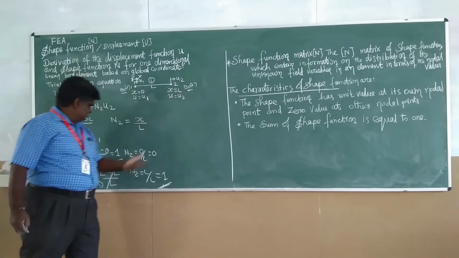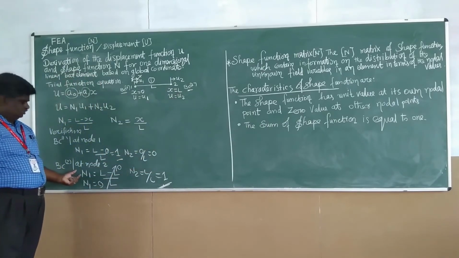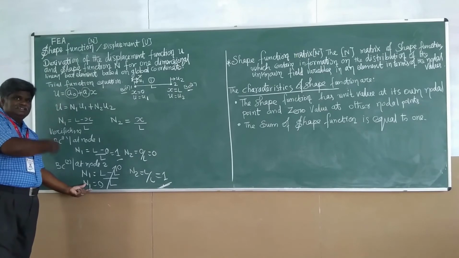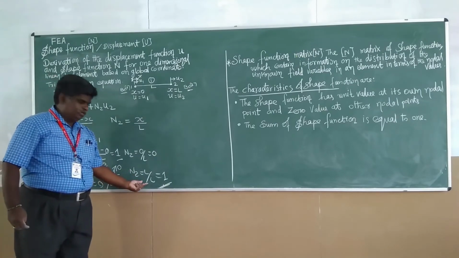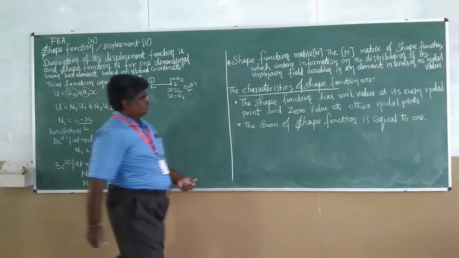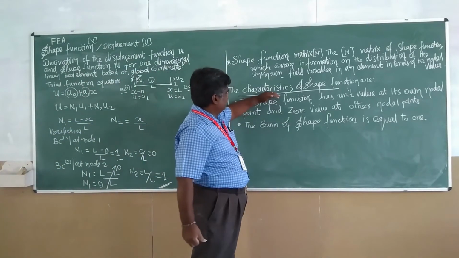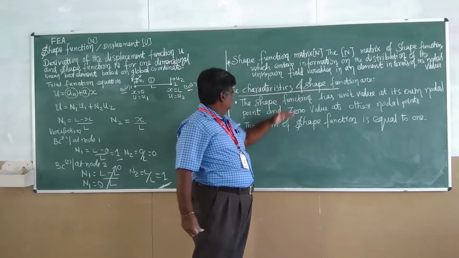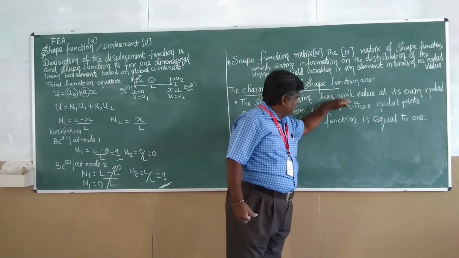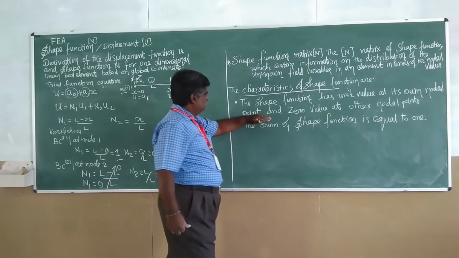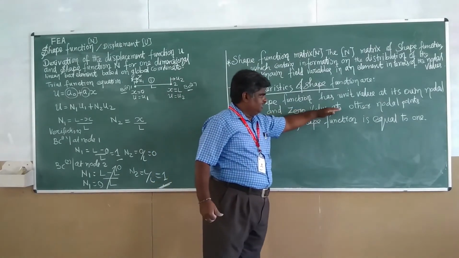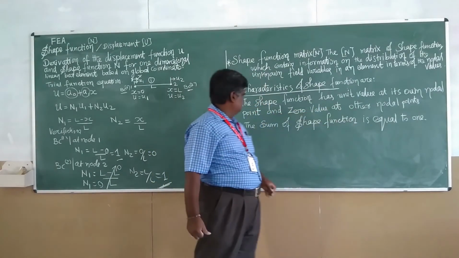Considering nodal point 2, N1 is 0 at node 2, and its own node is 1. So the shape function has unit value at its own nodal point and 0 value at other nodal points.